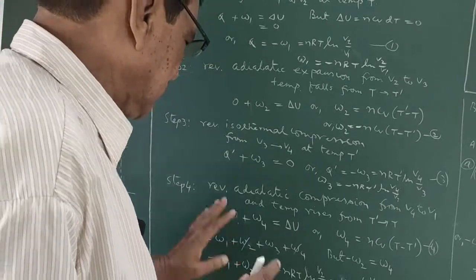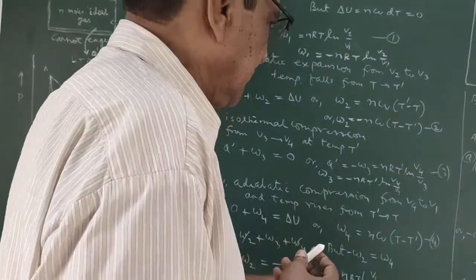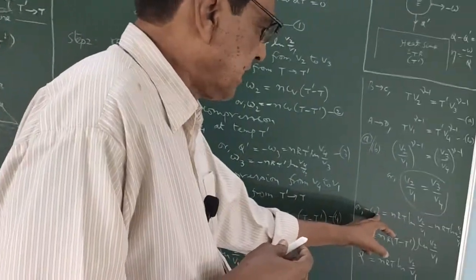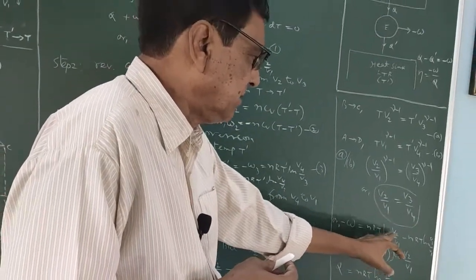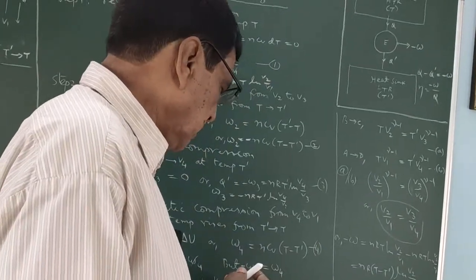Or you can say, if you keep this minus sign here, minus W equals nRT ln V2 by V1, and this one would be the plus.